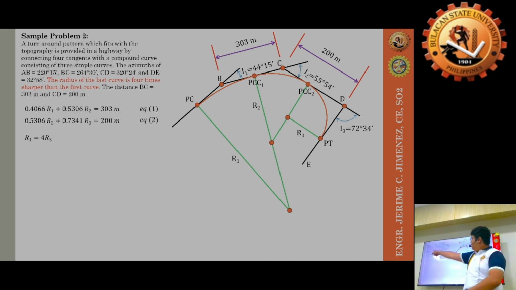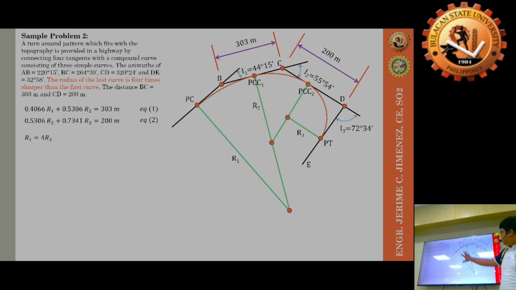Sabi, di ba, the radius of the last curve, ano ba last curve natin? Ano yung radius? R3 is 4 times sharper than the first curve. Okay? So, para ma-check kung tama yung plot, magbe-base tayo doon sa statement na R sub 1 is equal to 4R sub 3.